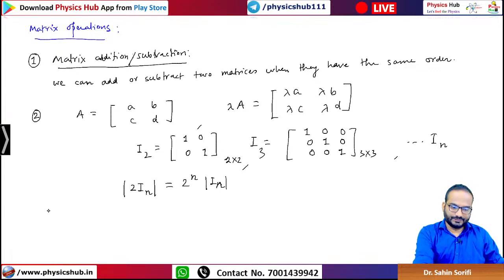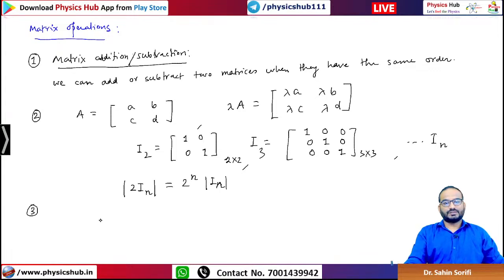Tell me, guys, if you have understood this. Let's say we want to multiply two matrices. One matrix is there, A, which is having the order m by n. Another matrix we have, B, which is having the order p cross q.